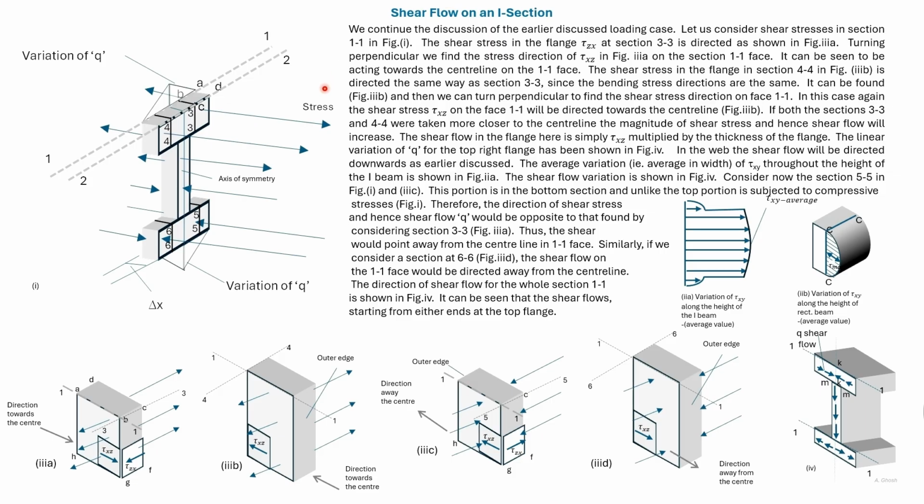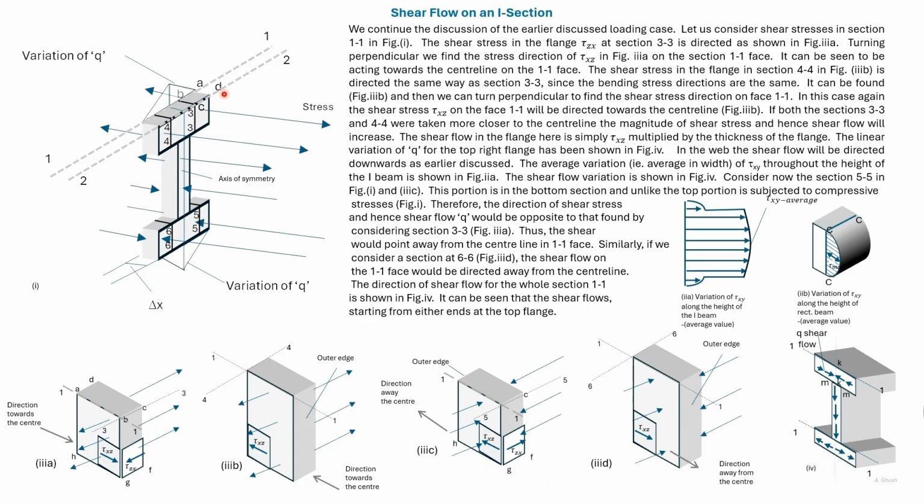We'll now look at the directions of shear flow in sections 3-3, 4-4, 5-5, and 6-6. That way, we'll be able to give the direction of shear flow for the whole I section. We give the direction in section 1-1.